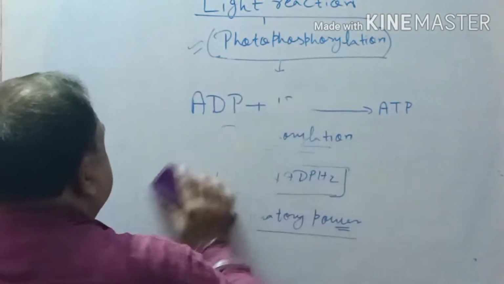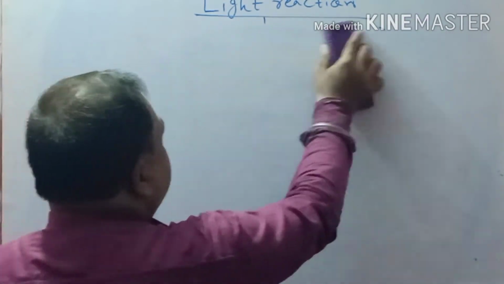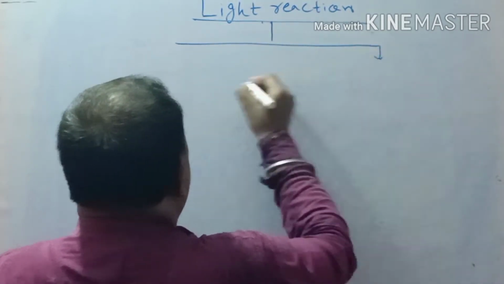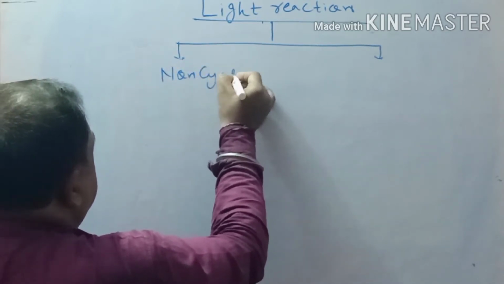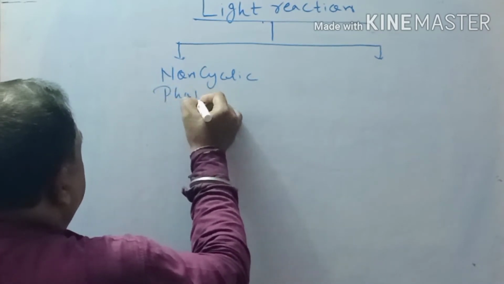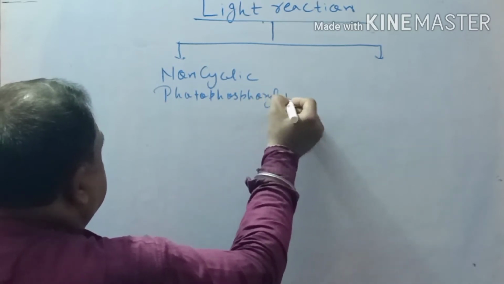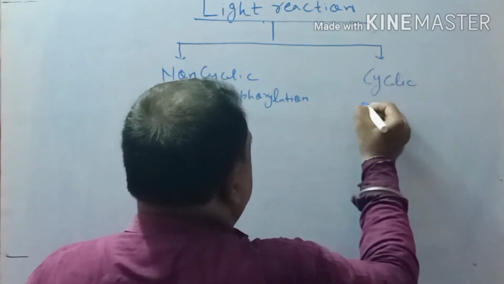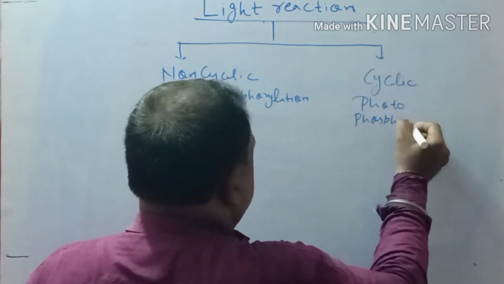Now we will see that light reaction or photophosphorylation is divided into two parts, that is non-cyclic photophosphorylation and cyclic photophosphorylation.